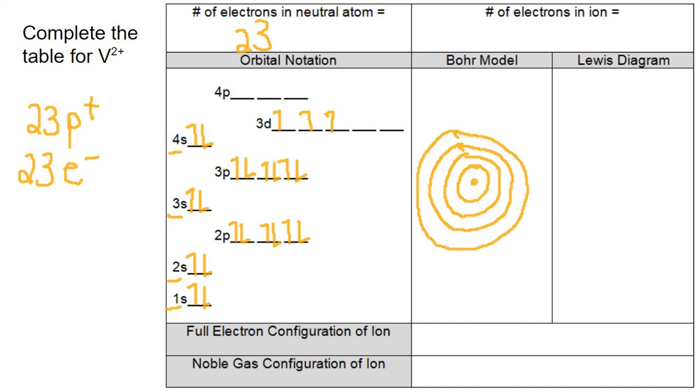Okay, and in the first energy level, the 1s, there are 2 electrons there. In the second energy level, 2s and 2p, there's a total of 8. In the third energy level, this is where we've got to be careful.